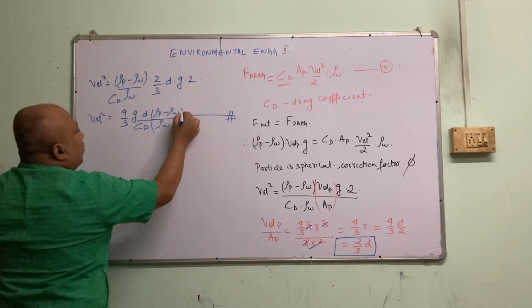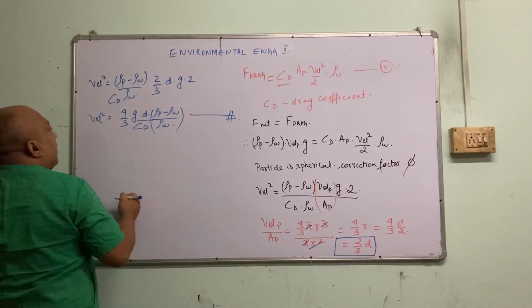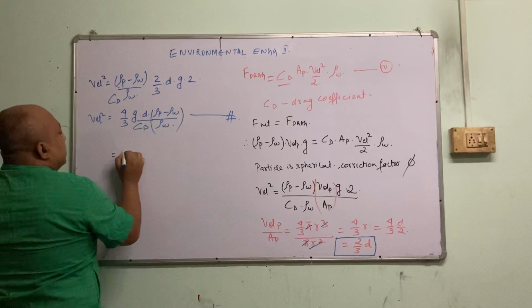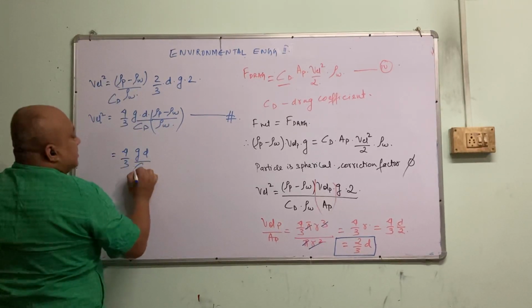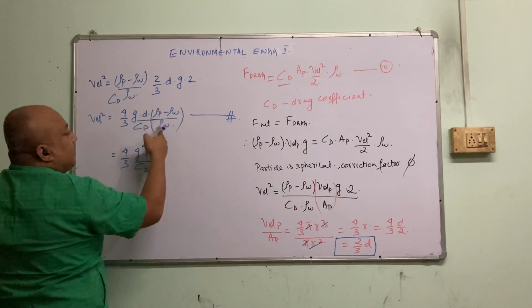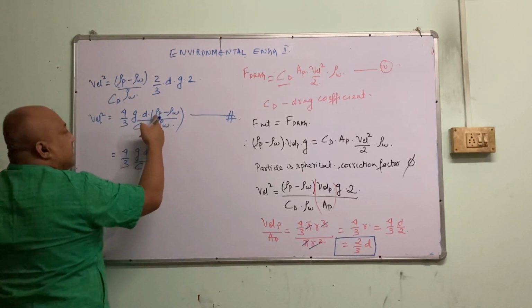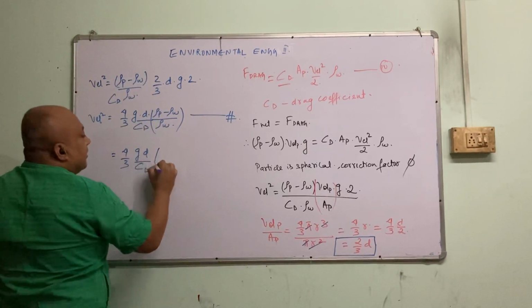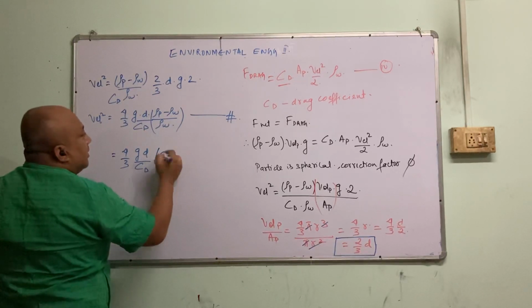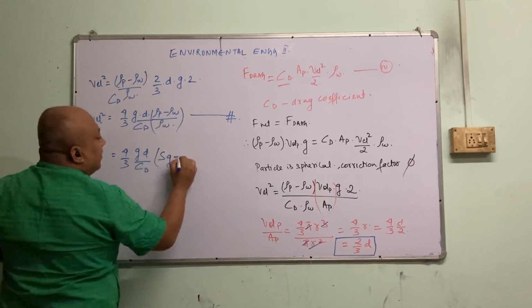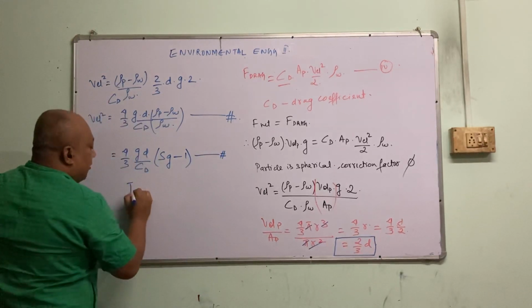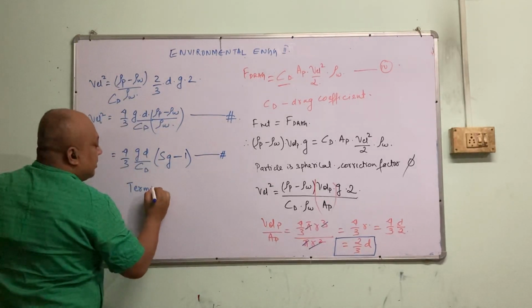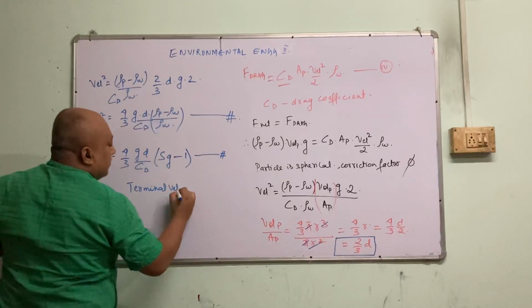In other words, this can also be said as 4 by 3 G D by CD into (rho P by rho W minus 1). This is the density of the particle by the density of the water, which is the specific gravity of the particle, minus 1. So this equation is called the equation of terminal velocity.